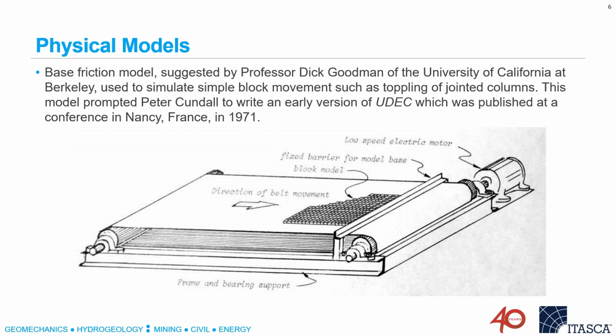He used this to simulate gravity by rotating this belt below a system of blocks, and the speed of the belt then represented gravity. Interestingly enough, we'll show an example from this that Peter Cundall developed one of his first programs with to provide a calibration, or a representation of this very same physical model.